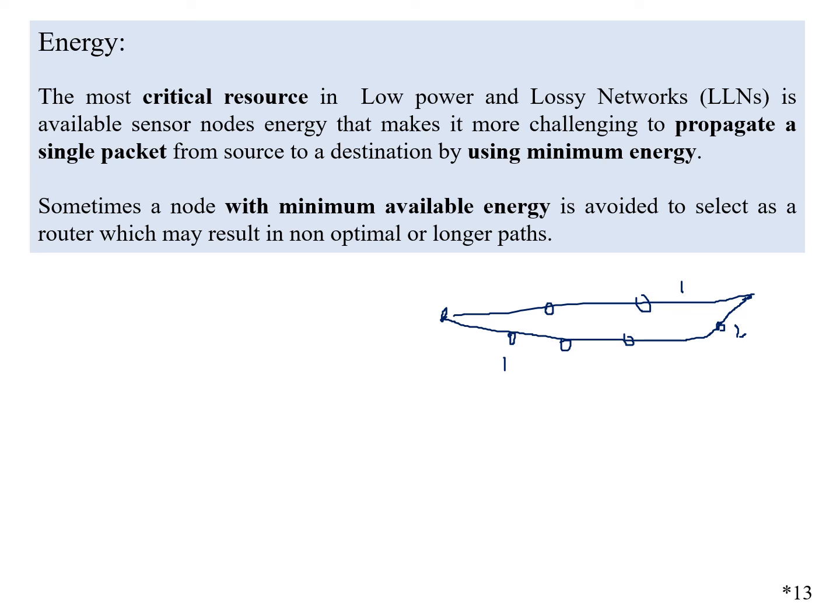These are higher power nodes and these are lower power nodes. Based on this, the link will be labeled with energy. So if you sum them up, and if the energy is higher than this, then you will follow this path.